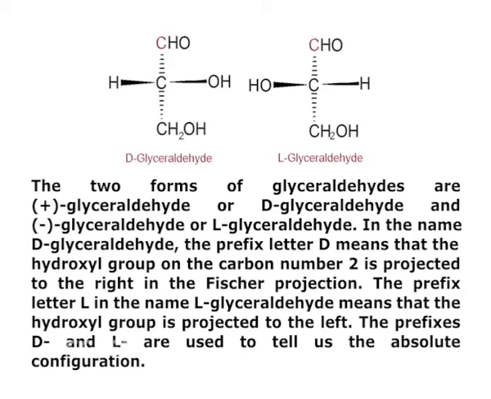In the name D-glyceraldehyde, the prefix letter D means that the hydroxyl group on the carbon number 2 is projected to the right of the Fischer projection. The prefix letter L in the name L-glyceraldehyde means that the hydroxyl group is projected to the left. The prefixes D and L are used to tell us the absolute configuration.